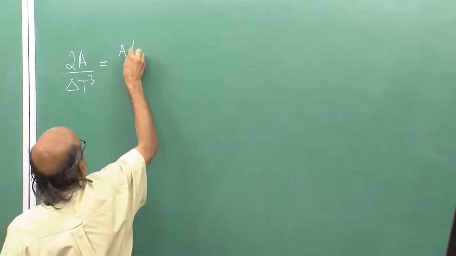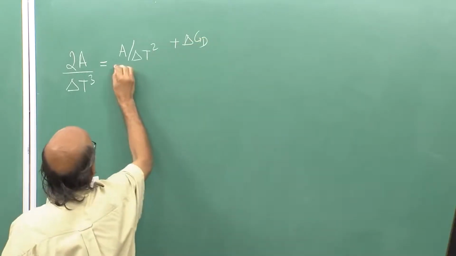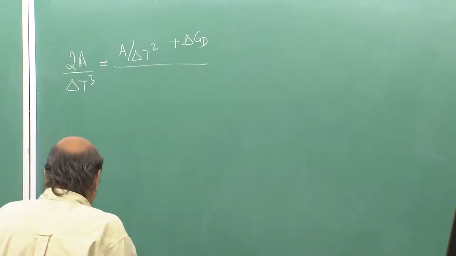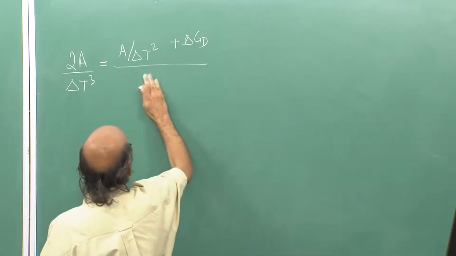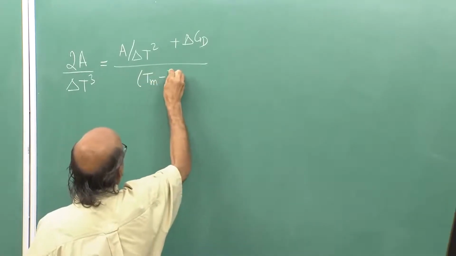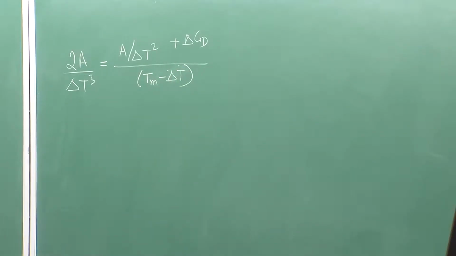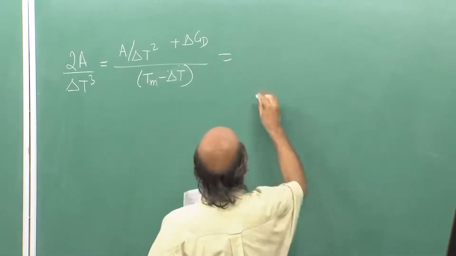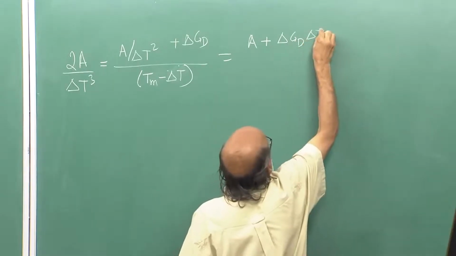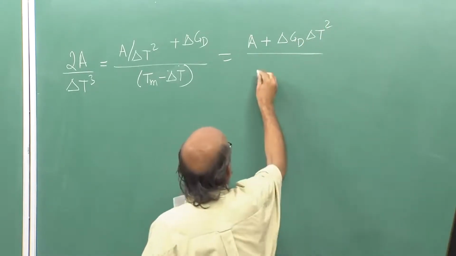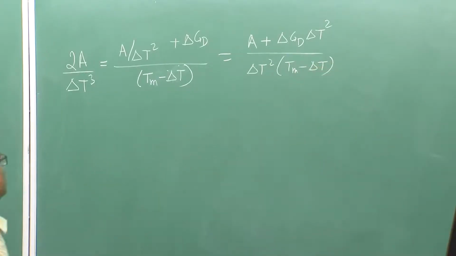Instead of delta G star, I write A upon delta T square plus delta GD, which is assumed to be a constant independent of temperature, upon T. And now, instead of writing T, let me write it in terms of delta T. So, this would be Tm minus delta T. Rearrange the terms, this would become (A plus delta GD delta T square) upon delta T square times (Tm minus delta T).